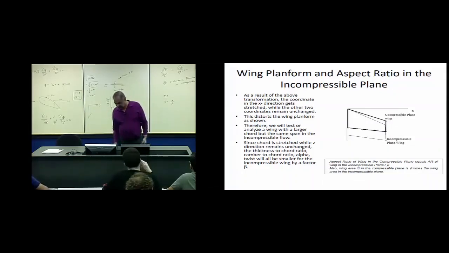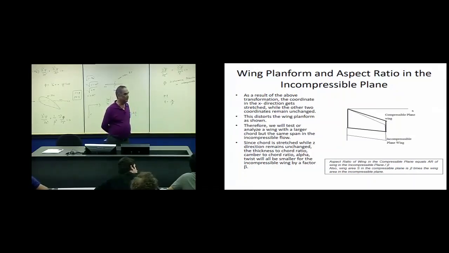All right. Yes, sir. So you just said that we would have to multiply our x span distances by 1 over beta. By 1 over beta. Yeah. And not multiply our y points. Y. But remember, this is y, okay, not x.